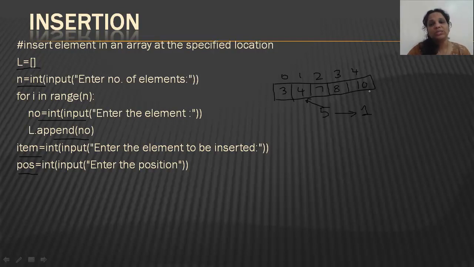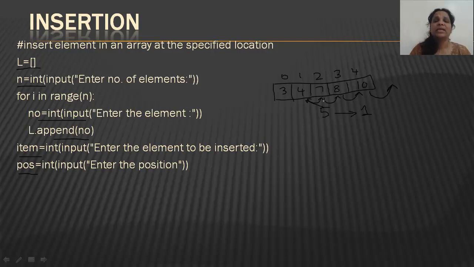We start from the last location of the array and start transferring the elements one position to the right. So 10, which was at location 4, I would transfer to location 5. 8, which is at location 3, I would transfer to location 4. And all this transferring takes place till the location where I want to insert the element.